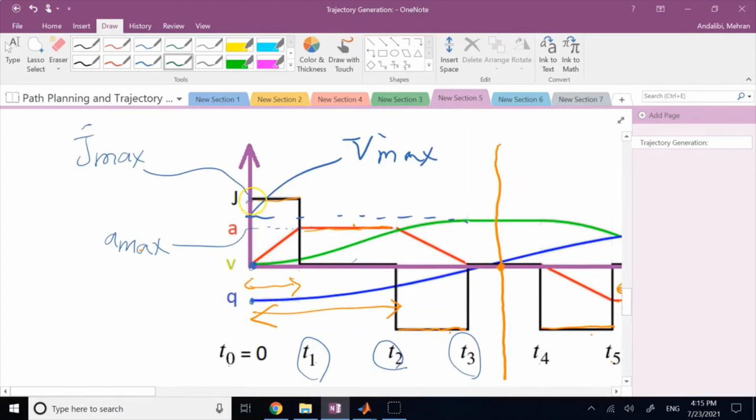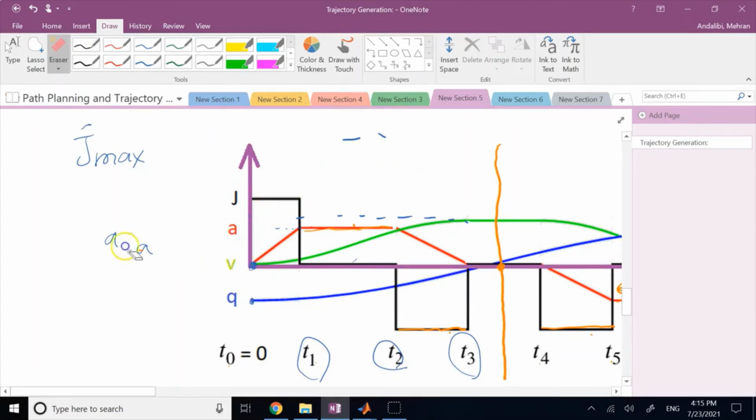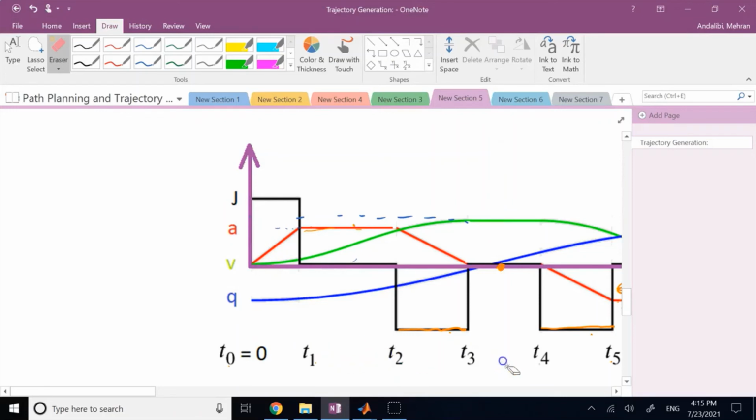If you see, time goes from 0 to T1 in the first part of the motion, correct? And then with the constant jerk of J max, you go from acceleration 0 to acceleration A max.